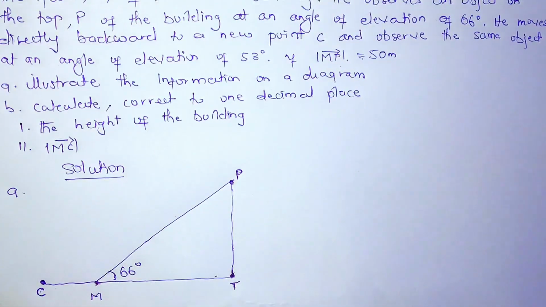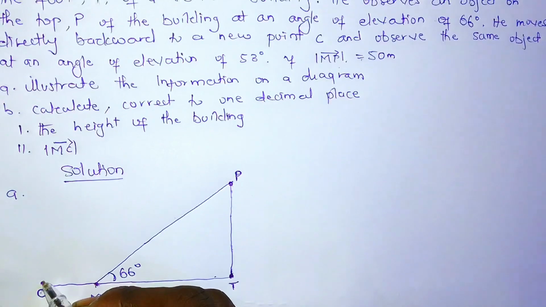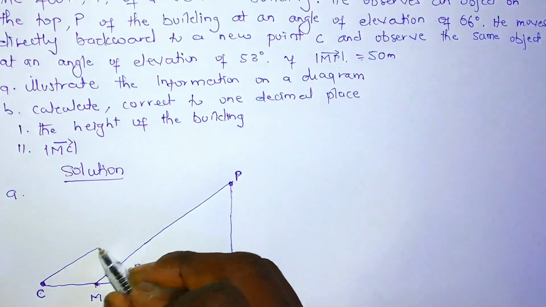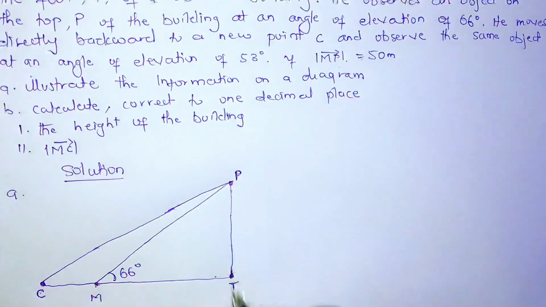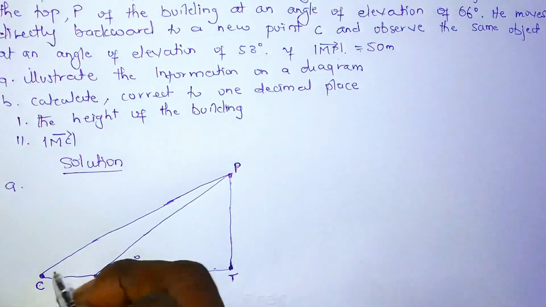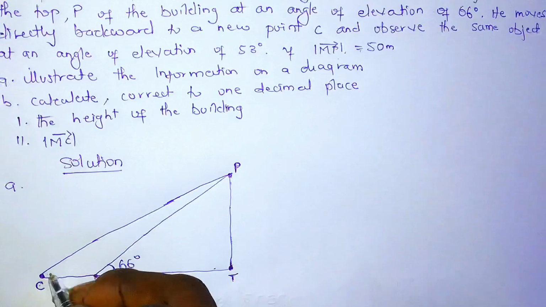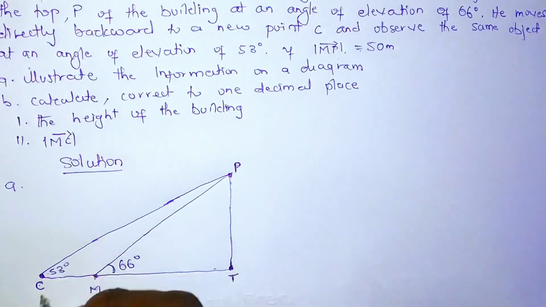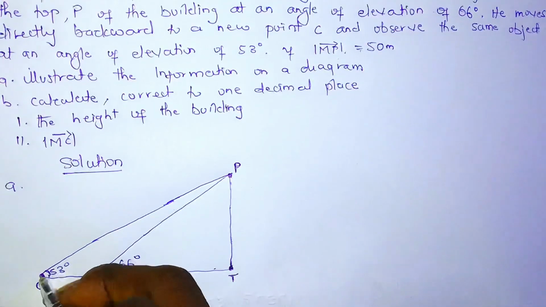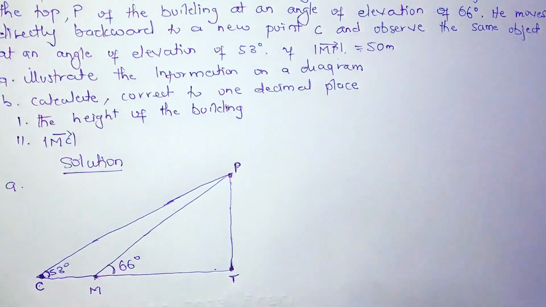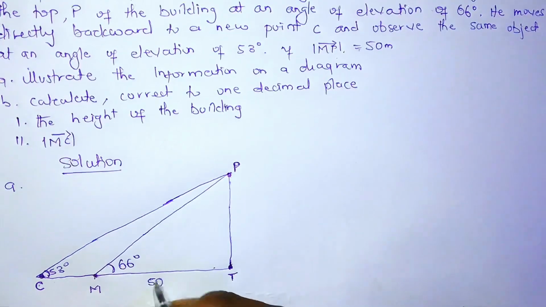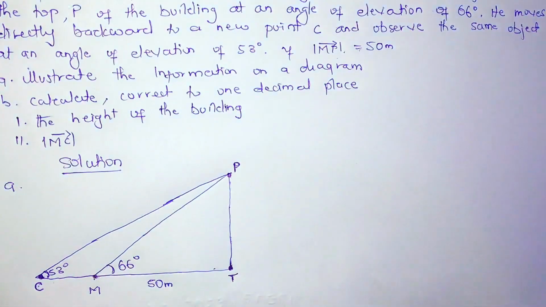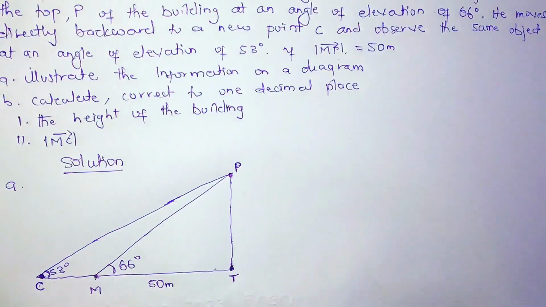So the object is P. So from C, he observes the same object, and the angle of elevation from C is 53. So that's our diagram. If MP from M to P is 50 meters, so I put that here, and our diagram is complete.